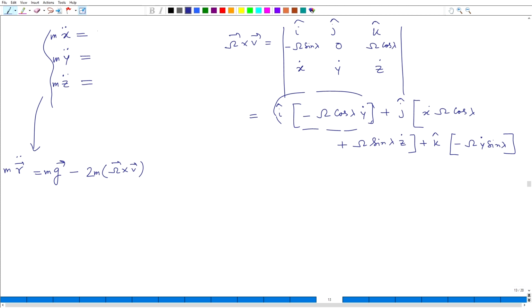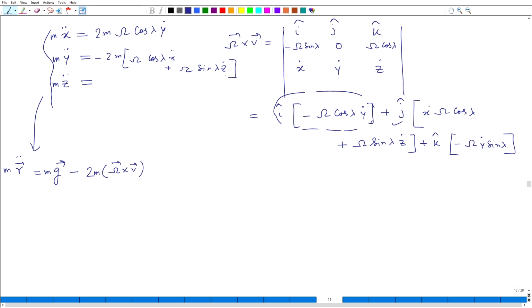So this will be plus 2m omega cos lambda y dot. For y double dot, m times y double dot, I will have this whole thing with a minus sign, so it will be minus 2m omega cos lambda x dot plus omega sin lambda z dot.